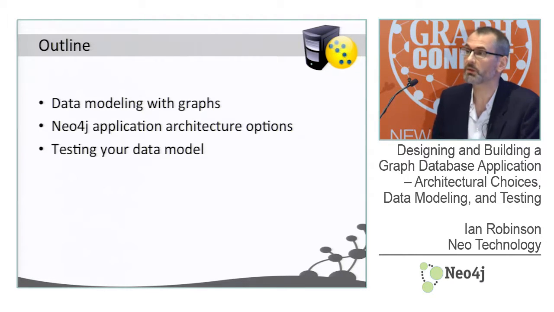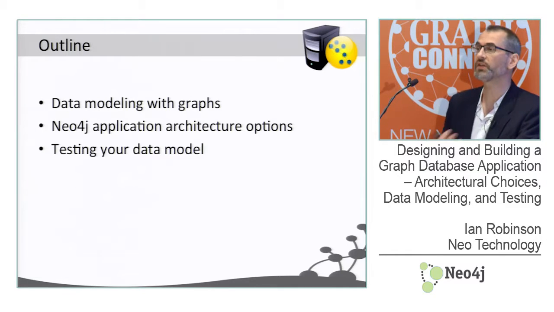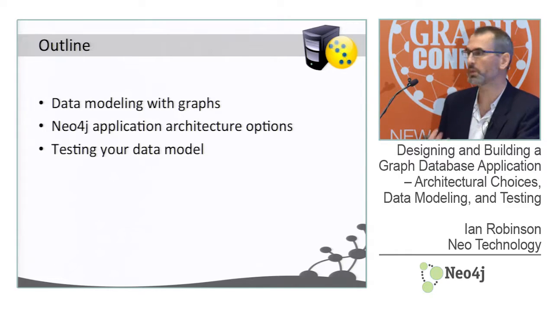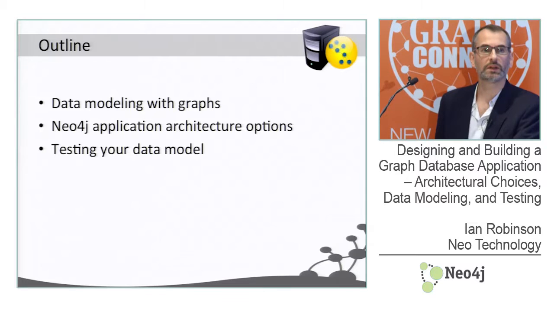So these are the things I'm going to be talking about today. I'm going to spend the first half really talking about how we would go about designing a data model and the queries that would execute against it on behalf of a particular application. So you've chosen to use a graph database, to use Neo4j to back your app, whether it's a web app or a mobile platform or a desktop app. You're going to need to develop your own graph data model.